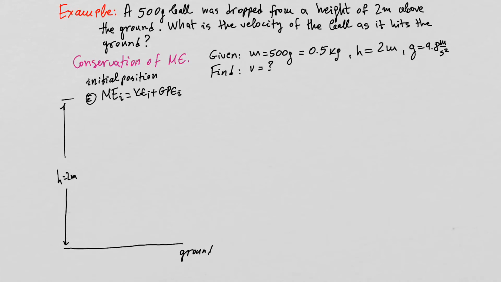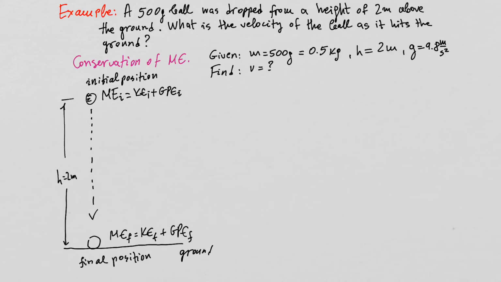And then the ball falls down towards the ground, and as it hits the ground, this is the final position. The mechanical energy final will be equal to kinetic energy final plus gravitational potential energy final.